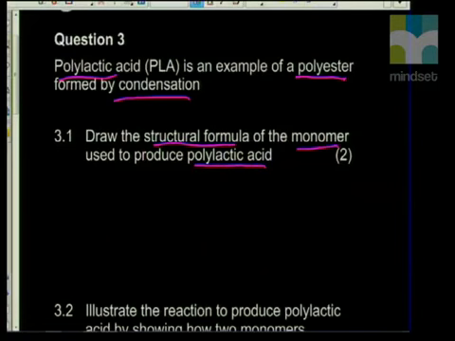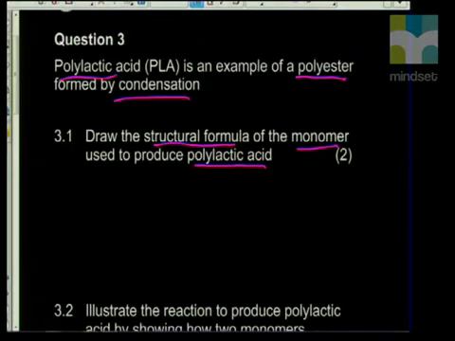So the thing I need to do is I need to draw the structure of lactic acid. So let me get that out in front of me, and let me draw it over here. So this one you're going to have to learn, and I've had to learn it as well. So we need to recognize that it has a carboxylic acid end to the one side. Now check the number of bonds. 1, 2, 3.